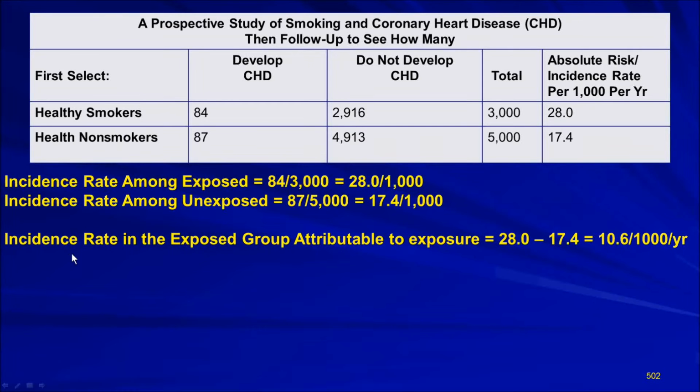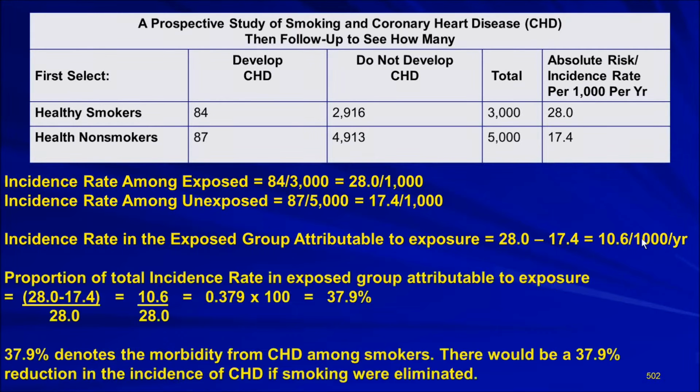We'll talk more about these so you can translate them, and you know that risk is relative to a population, and this is a hypothetical population, so you can say, if we had a hypothetical group of 1,000, 10.6 would be at risk if they smoked. Now we look at the proportion of total absolute risk in the exposed group attributable to the exposure.